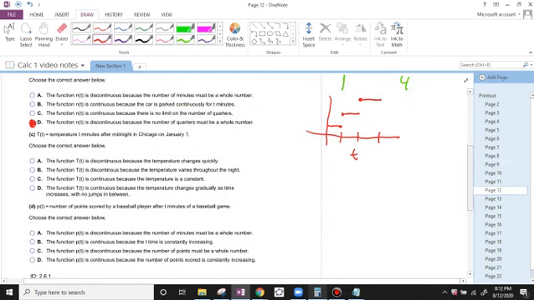The number of points scored by a baseball player after t minutes, right? So again, that's going to have jumps as well, because at some point the player might have 15 points, and then after another point they'll have 27 points. After another point they may have 35 points. Damian Lillard just scored 61 points recently in a basketball game.